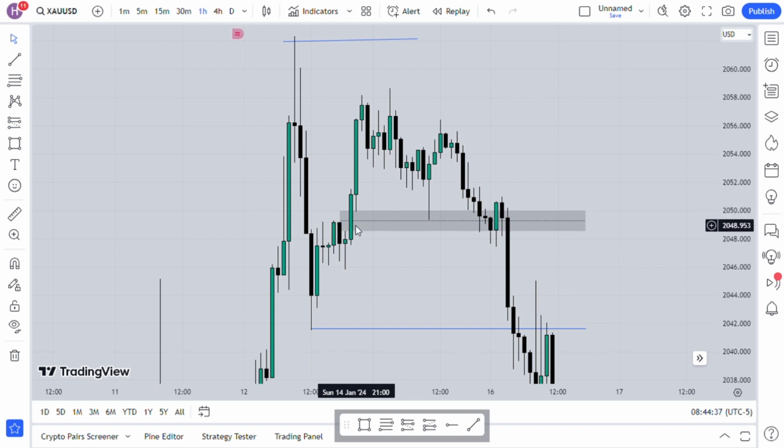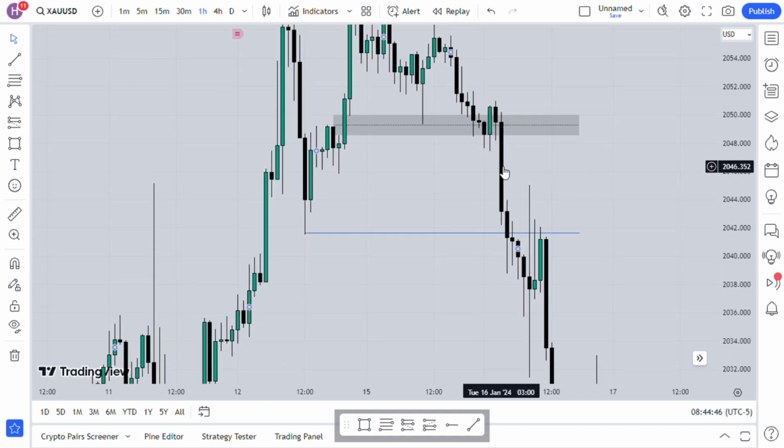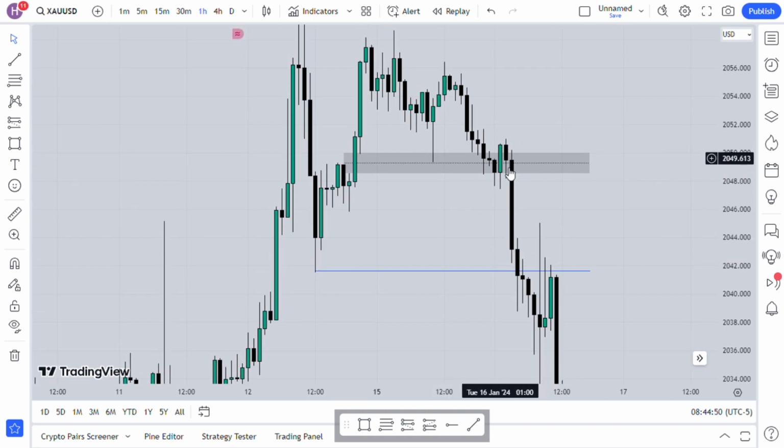When this low is taken out and an order block has formed, it's a very nice place to enter, but I am sure this was a new candle which didn't give you any chance to come and retrace so that you can enter it well.